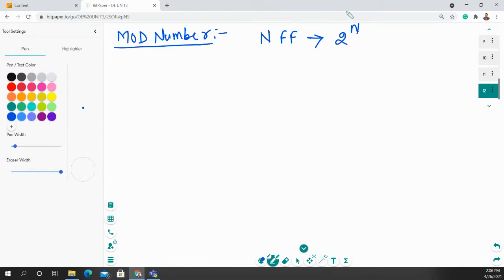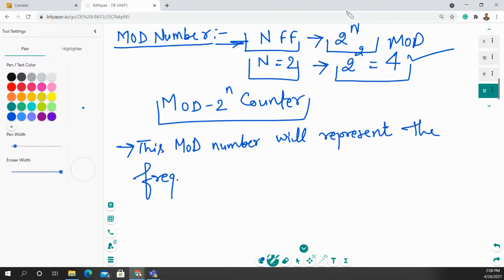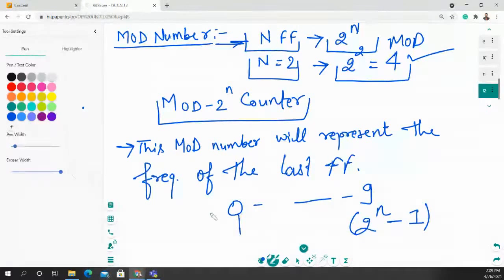Let's suppose that this n is equal to 2. You have number of states 2 raised to 2 is equal to 4. So this represents the mod. The number will represent the frequency of the last flip-flop. It starts from the 0 location.